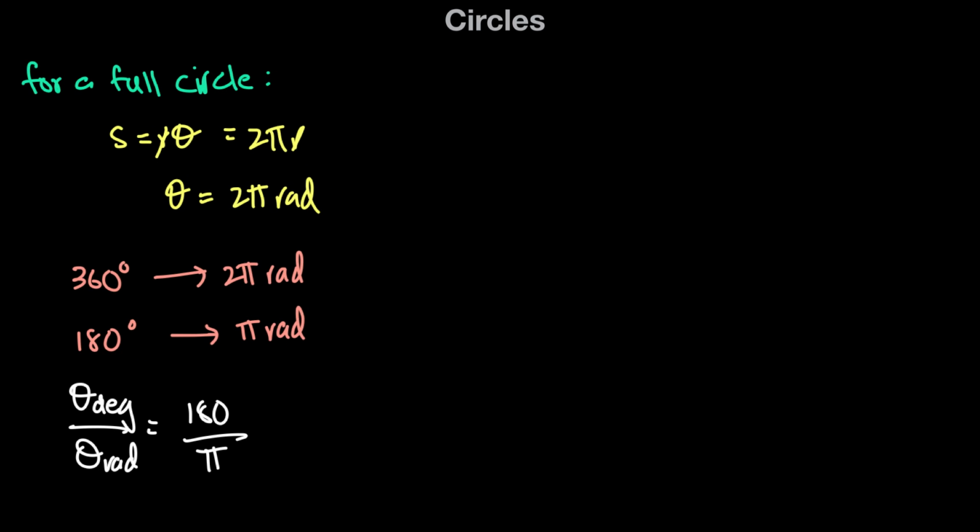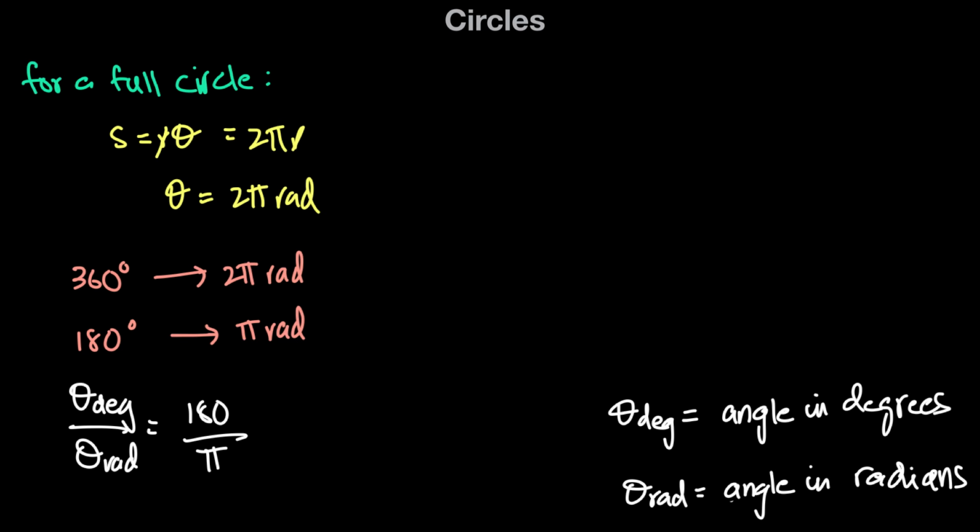To convert between radians and degrees. Here, since we know that the ratio of the angle in degrees to the angle in radians is 180 over pi, if I multiply both sides by theta radians, what I get is that the angle in degrees is equal to 180 over pi times the angle in radians.